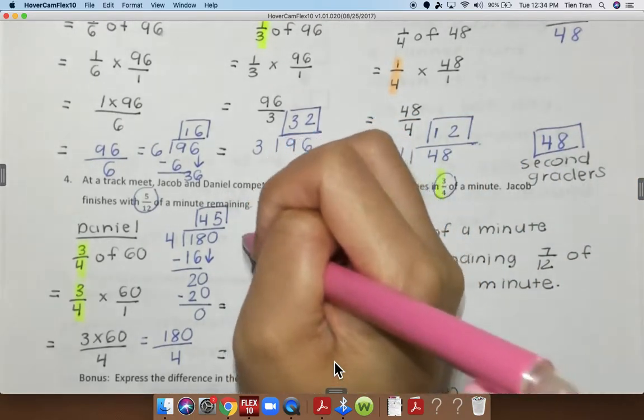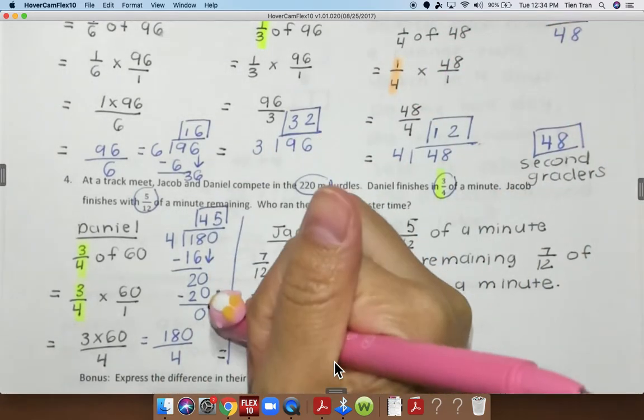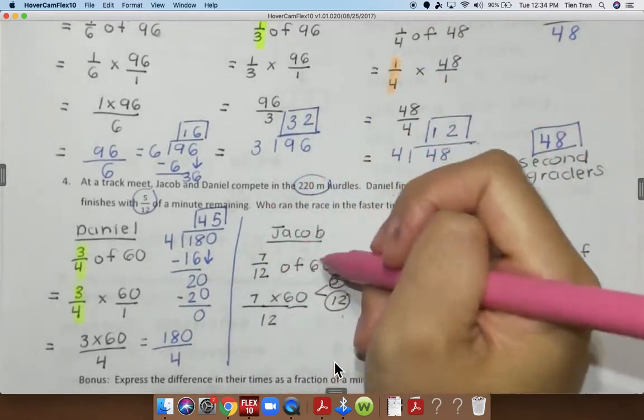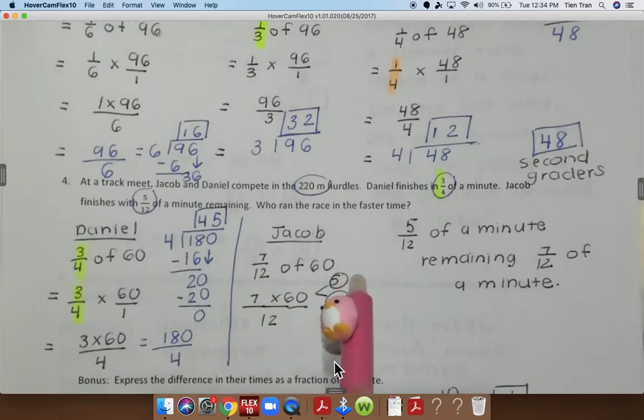Now for Jacob. For Jacob, it says right here that 7/12 of 60. And where did I get, sorry, not 7/12. So I'm going to be multiplying 7/12 of 60.